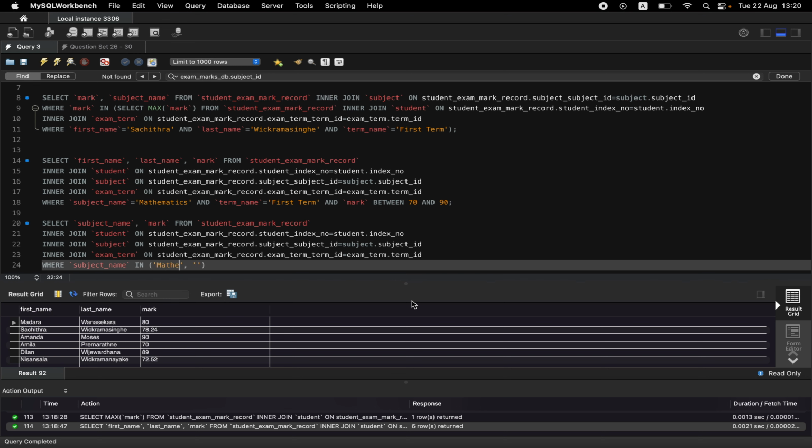So mathematics and science subjects are in the same column, so therefore I'm going to use in, and term name is first term and the name is Amanda Moses.